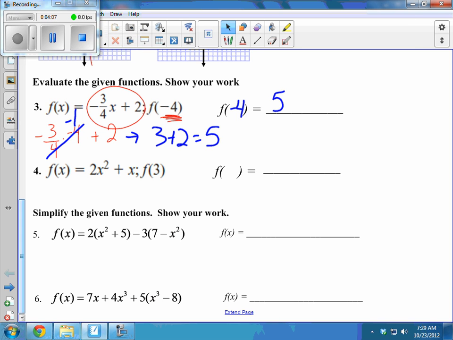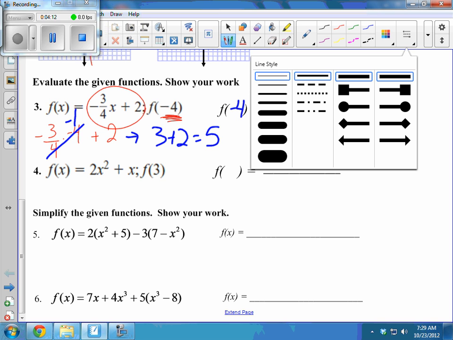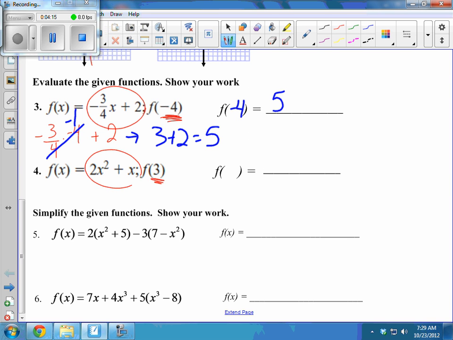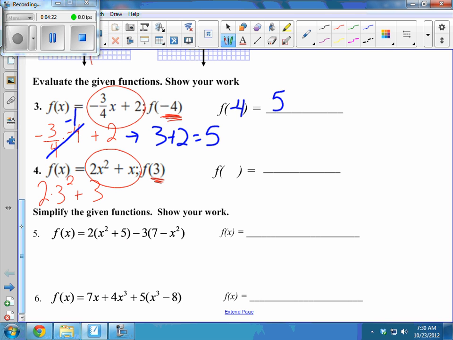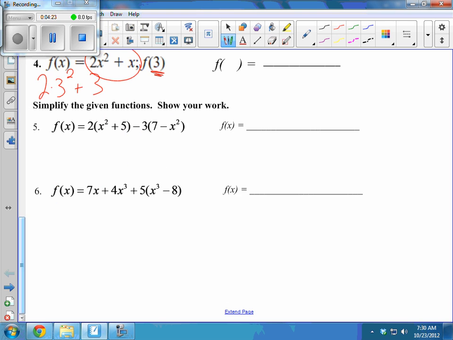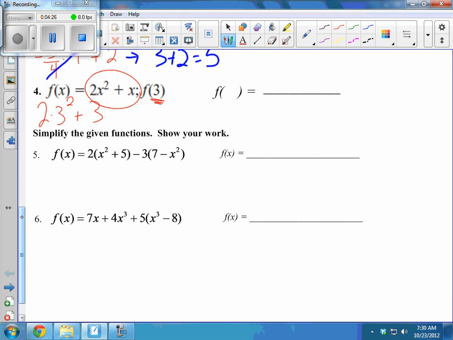Okay? Next one, I'm going to evaluate the function as well, and I'm going to put 3 into this function. And again, I'm going to follow the order of operations. Now, somebody asked me yesterday, what if it had been negative 3? Don't always rely on your calculator because negative 3 squared is 9.